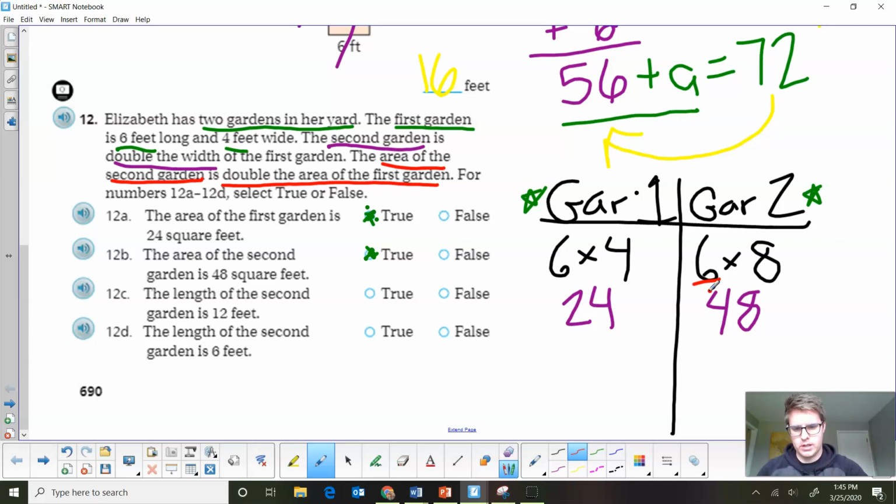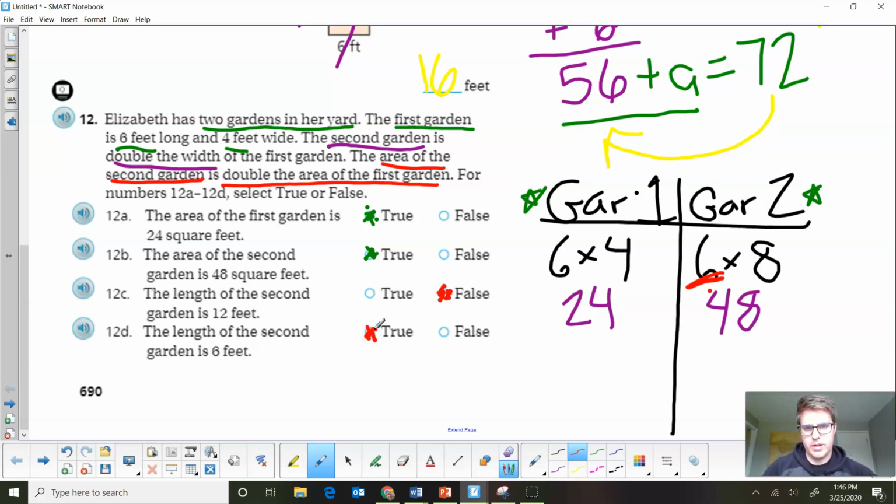No, definitely not. So this one would be false. Good job. And the length of the second garden is 6 feet. Well, Wiley, if you look here, I just underlined 6. So that is the length of the second garden. So would that be true or false? Yeah, that would be true.